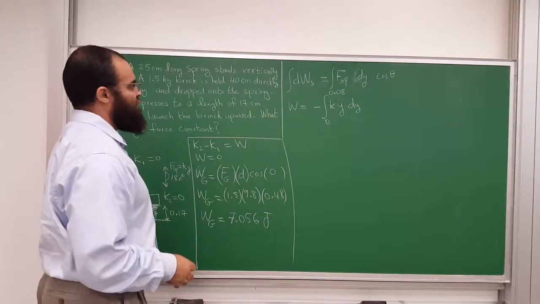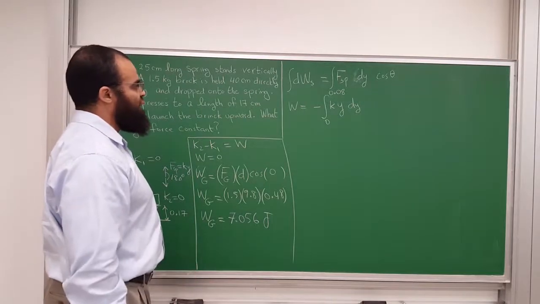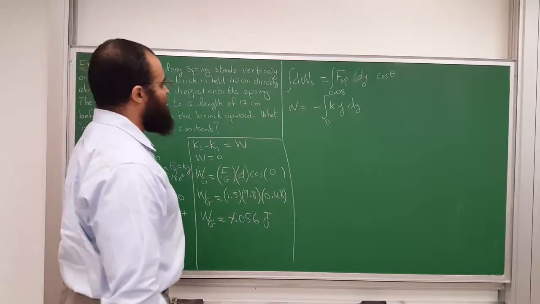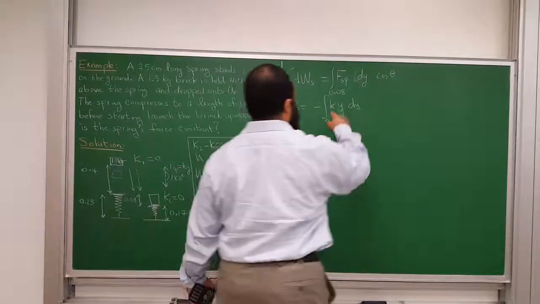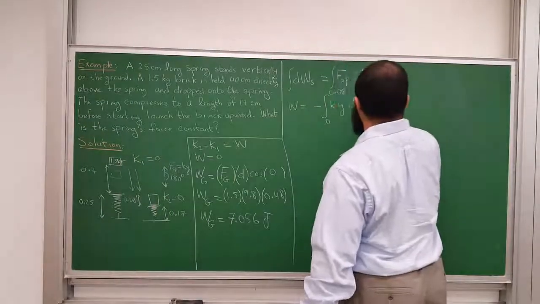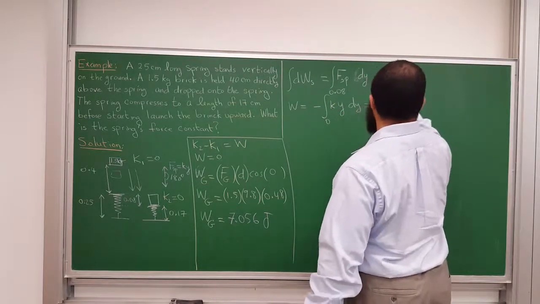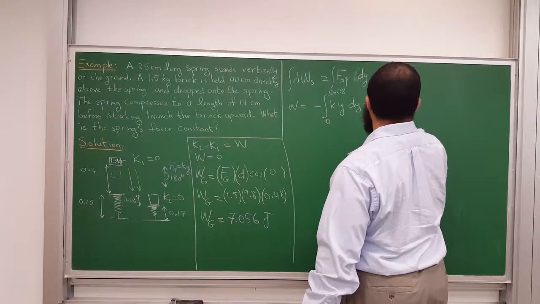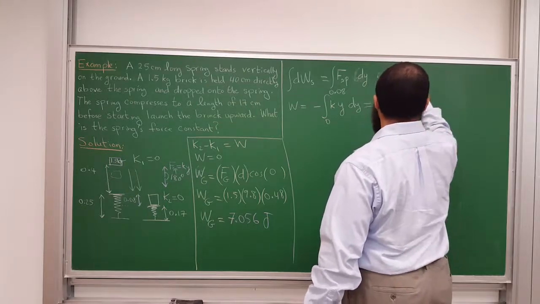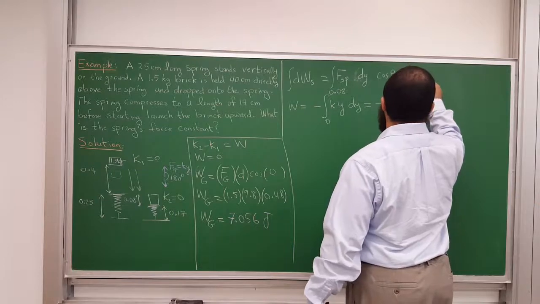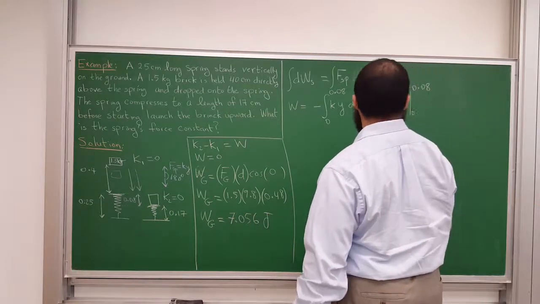Okay, sounds good. So let's integrate this. K is a constant, so it comes out, and then the integral of y dy is y squared over 2. We evaluate this between 0 and 0.08.